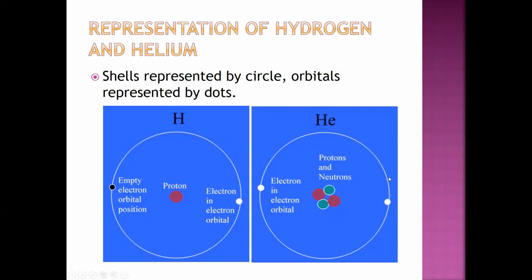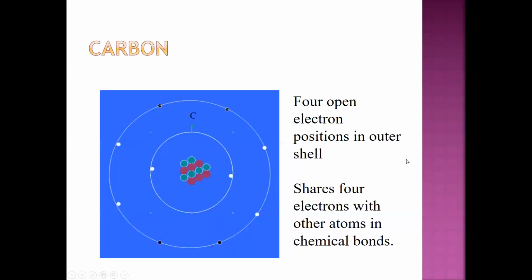This is the reason that helium doesn't react with other elements, because it has 2 electrons, but hydrogen does, because it really wants, if you want to put it that way, to fill that empty electron orbital position. And we'll just look at those other important chemicals for life.